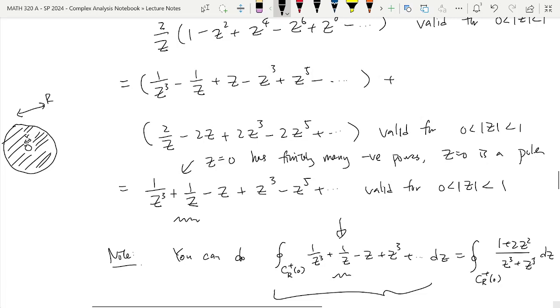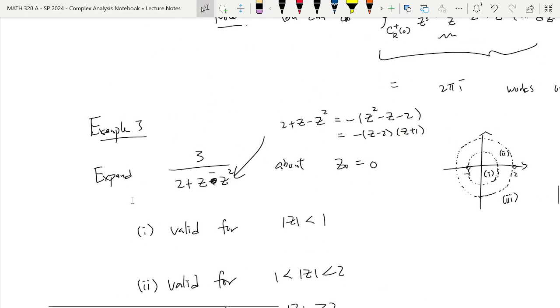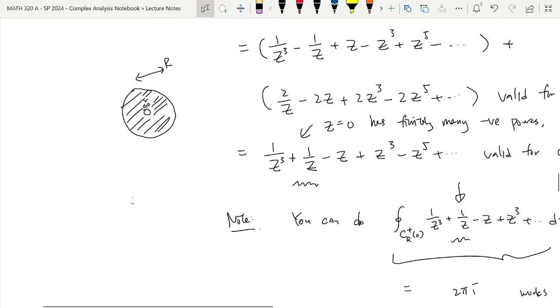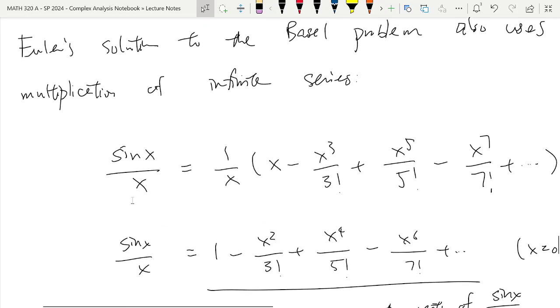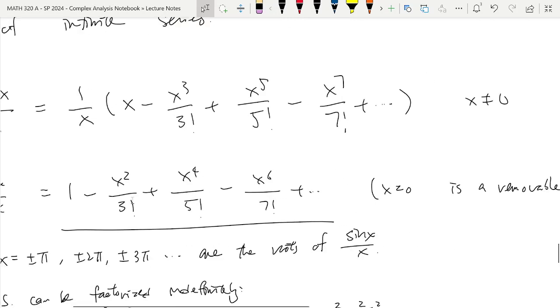And in the one that I've just shown, the power series expansion has no negative powers, for Euler's one. This singularity x equals 0 is a removable singularity. So that is done in quiz number 4.